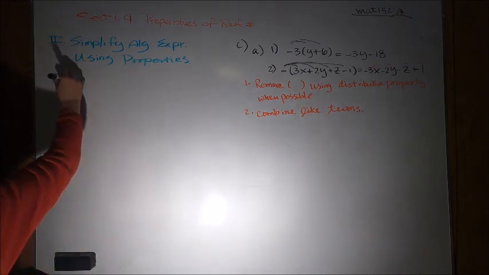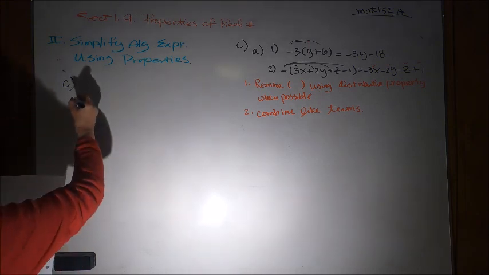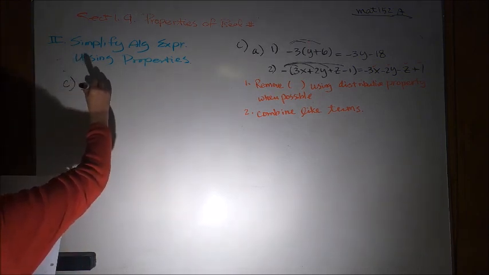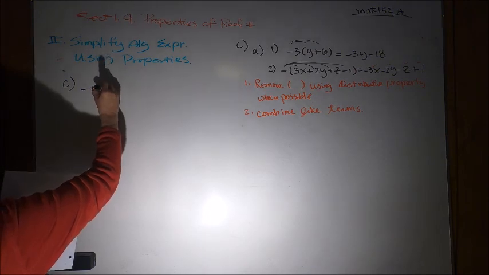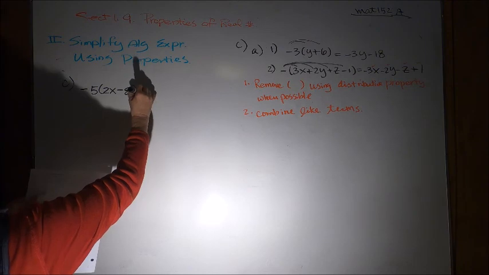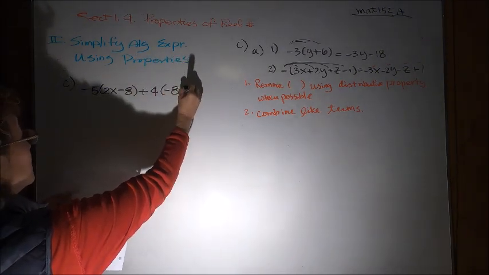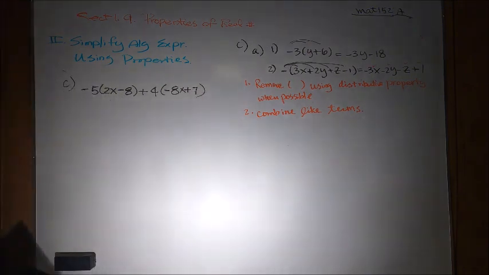Let's look at more examples. We are on page 13. We are going to simplify those expressions, right? What are expressions? It's a bunch of things, math language. Expressions are those without an equal sign.